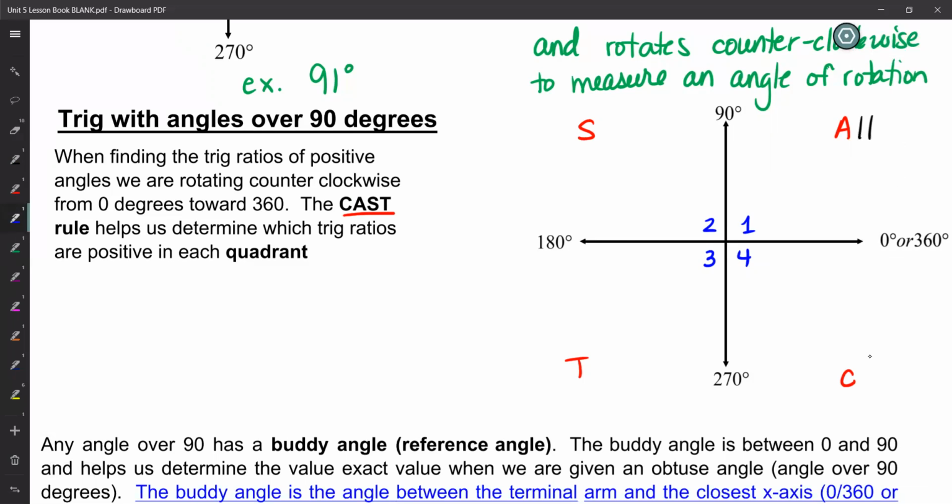So I want you guys to do a little test in your calculator. And as you're testing, I want you to just pay attention to whether you get a positive answer or a negative answer. So I want you to do sine 89, then cos 89, then tan 89. And I want you to tell me what you get. No, each individually, and just pay attention to whether you get positive or negative answers.